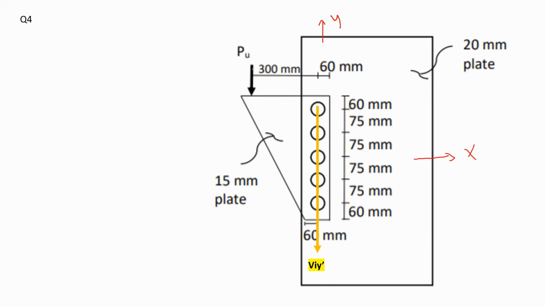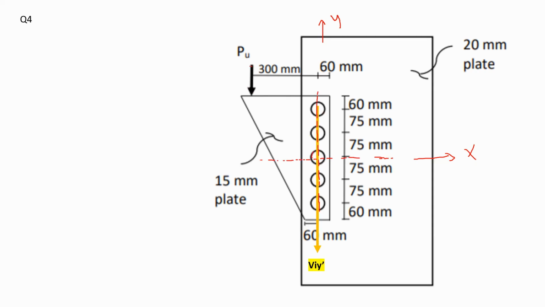Since you have a distance between this force and the center of the group of bolts, now before we get into that, let me talk about the center of the bolts. Here we have how many bolts? 1, 2, 3, 4, 5. We have 5 bolts in here, and the center of the group of bolts is obviously located in here. And that's the center exactly, located right here at this bolt.